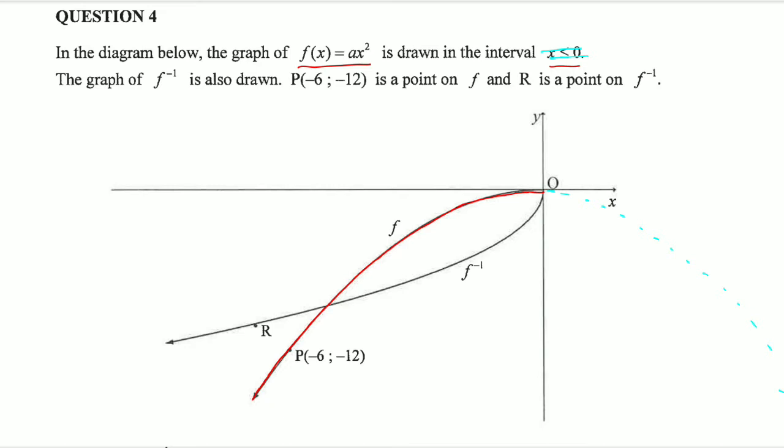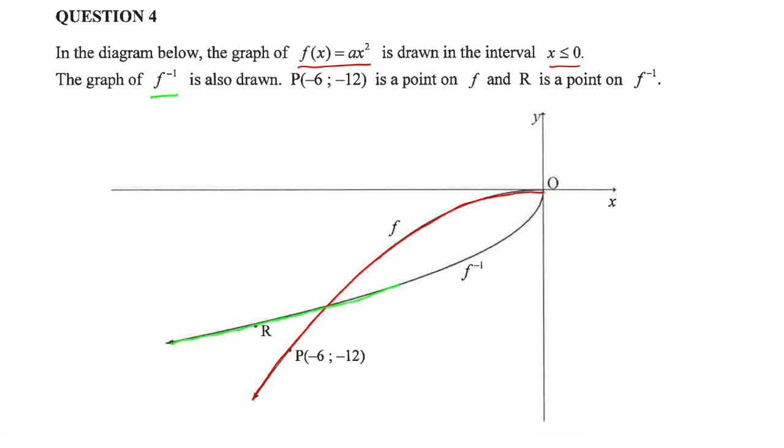But since we do have this restriction, we have this graph. We have f inverse, which is this graph over here.